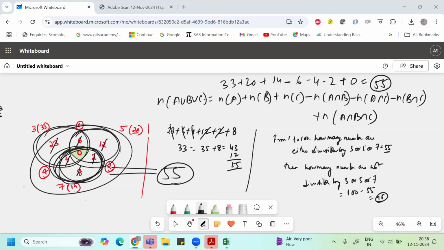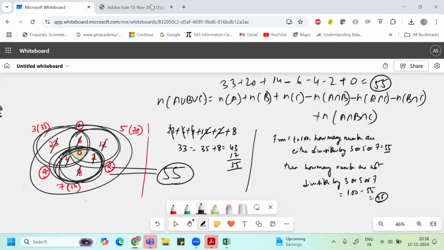Daya, Manjunath, Subhas have understood. Chandana, Harshita have understood. What about Ramya? Hemant, Harshita, Arun, no problem. Can I go to the next question? Okay. Thank you.